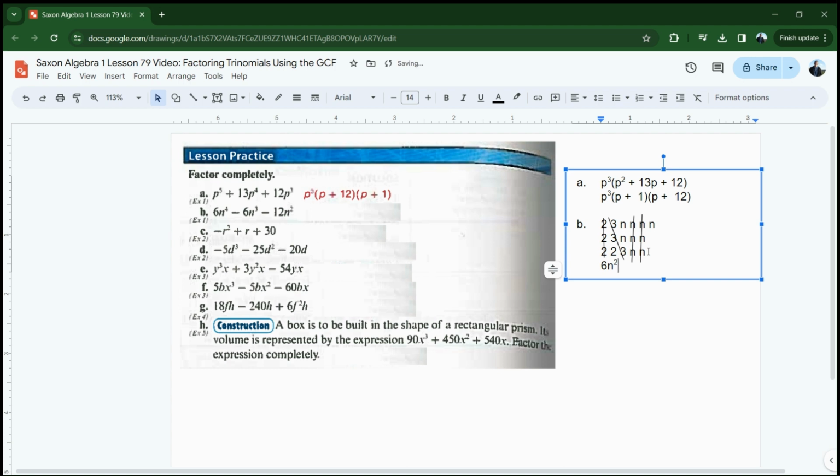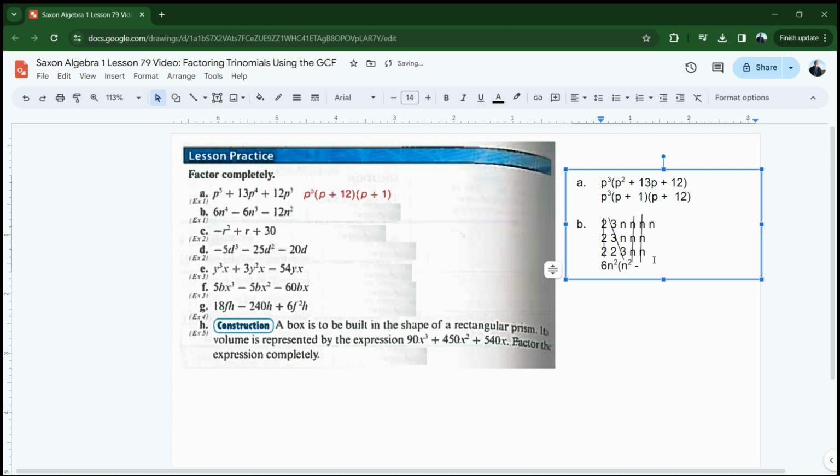But I can't forget the rest of my term, okay? So what does that leave? If I pull 6n squared out, in the first term, I still have an n squared left over, the two n's that weren't accounted for. So I'm going to put n squared back in there, all right? Now I need to look at my symbols. It's a minus symbol next, so I need a minus in my term here.